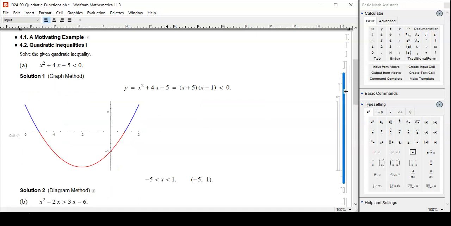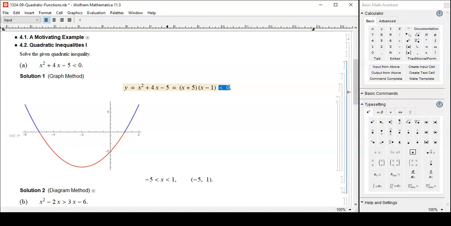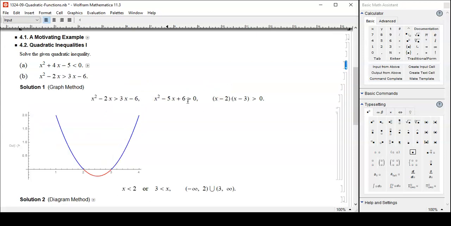Previously, the y-coordinate is less than 0, so we looked at the red part where the graph is below the x-axis. Now, y is greater than 0, so we have to look at above the x-axis, this blue curve and that blue curve.